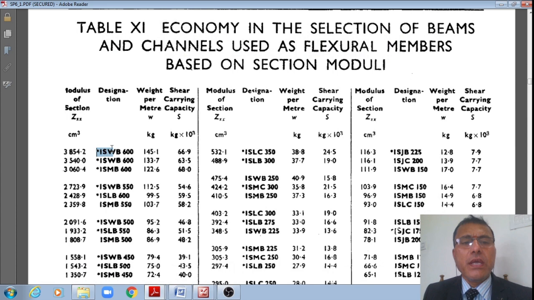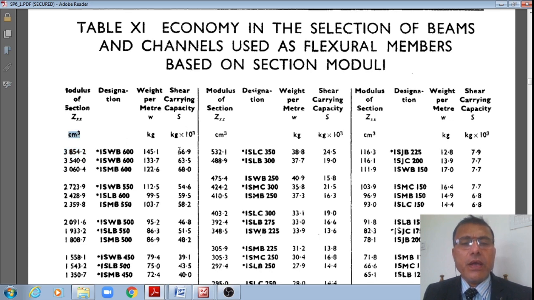If I use Indian standard wide flange beam designated as ISWB 600 with a unit weight of 145.1 kg, then it can furnish a section modulus of 3854.2 centimeter cube or 3854.2 × 10^3 mm cube, right?